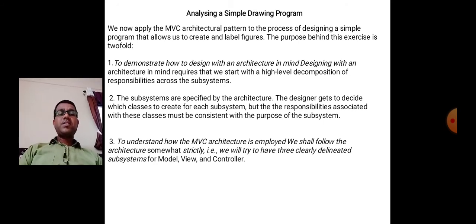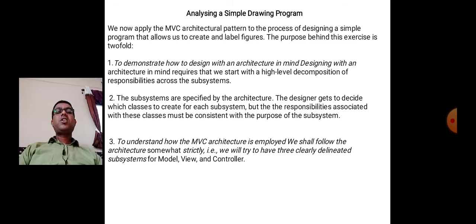Second, the subsystems are specified by the architecture. The designer gets to decide which classes to create for each subsystem, but the responsibilities associated with these classes must be consistent with the purpose of the subsystem.